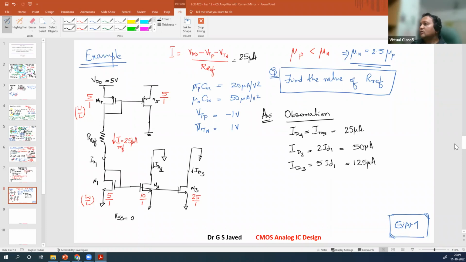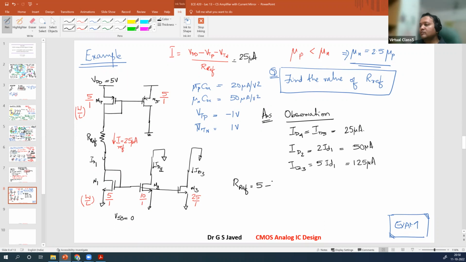Now that we have found this out, find out what the R value is. How do you find out the R value? RF is equal to VDD. How much is VDD? 5 volt. VDD minus VTP. It is also called VGS, right? VGS of 4, VGS of 5.